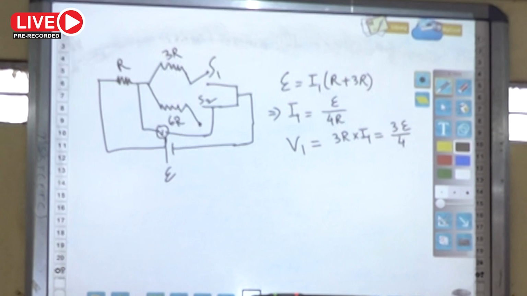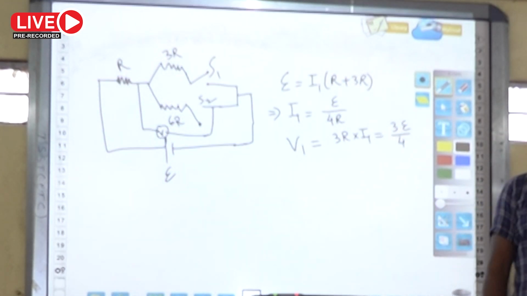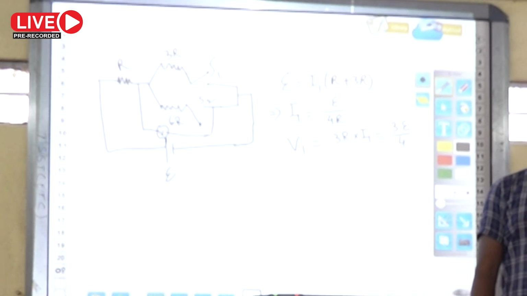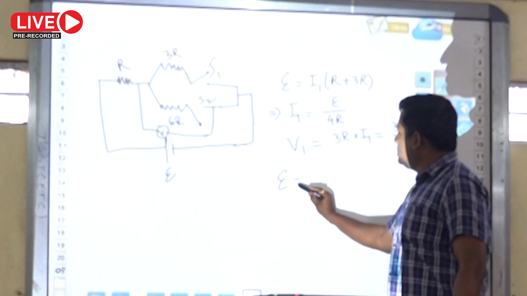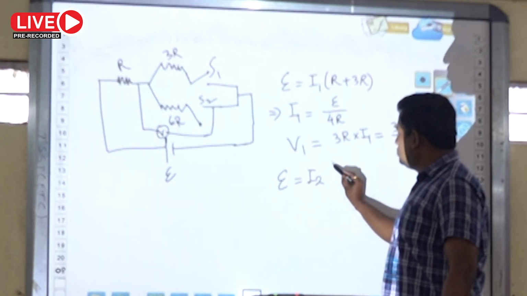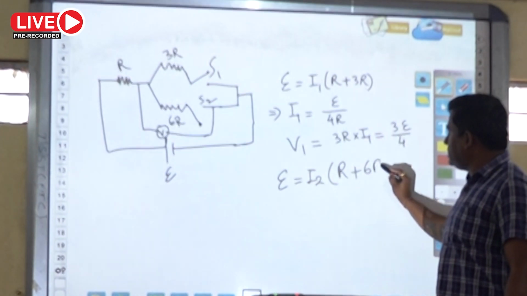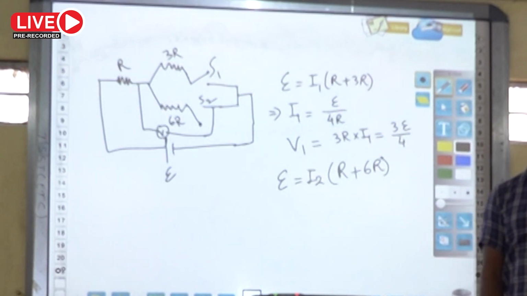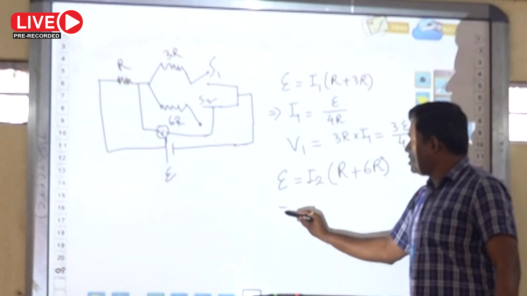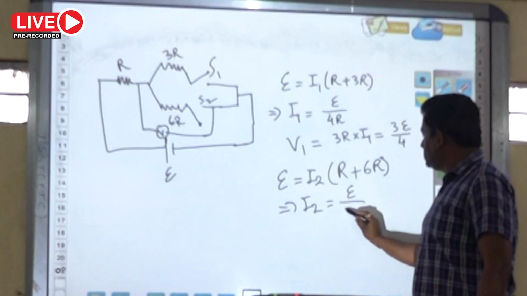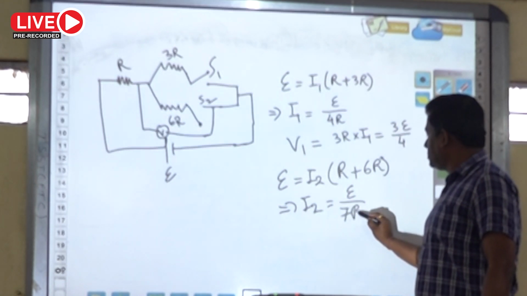Now, in the second case, let us consider the current flowing through the circuit is I2, when S2 is closed and S1 is open. In that case, E should be equal to I2 into the equivalent resistance. R and 6R are connected in series, so I2 will be equal to E by 7R.